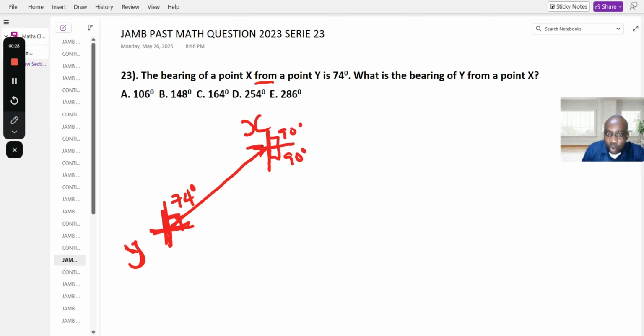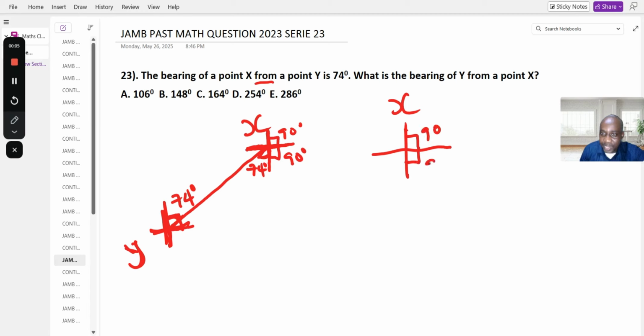There's something we call corresponding angles. If this space is 74, this space will also be 74 degrees. It means that the total of it, let me redraw it again. This X from here to here is 90.